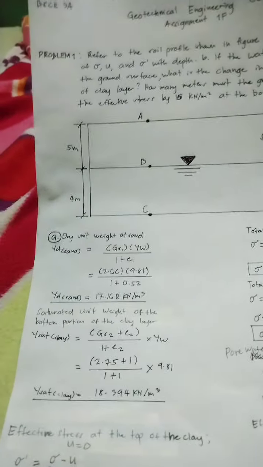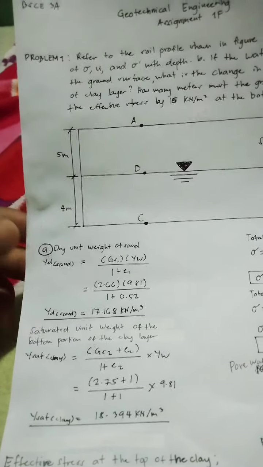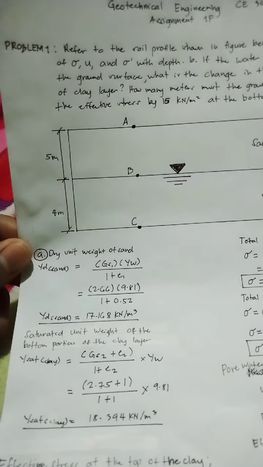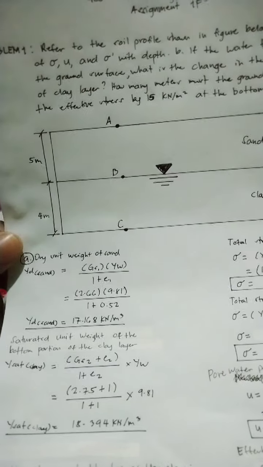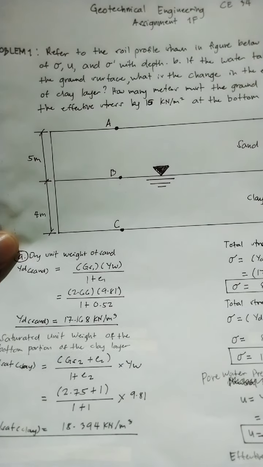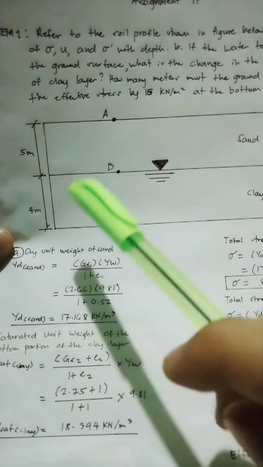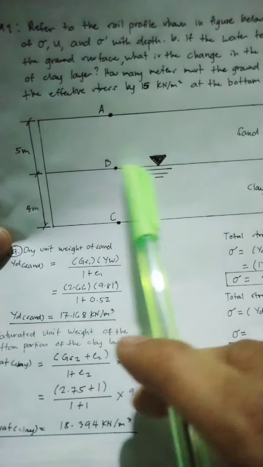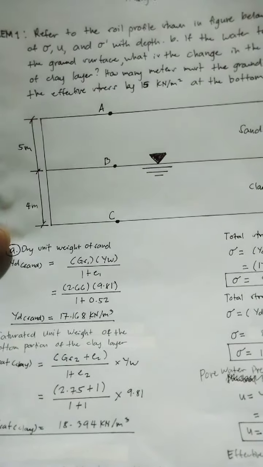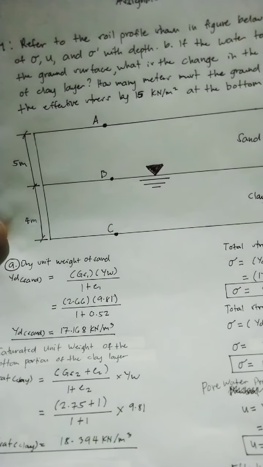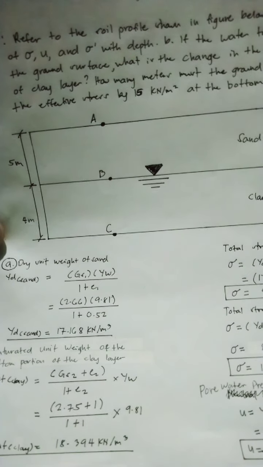Then first we have to find the dry unit weight of the sand, since for this layer there is no water involved, or it is not saturated, since the water table is at point B. So simply follow the formula to get the dry unit weight of the sand.